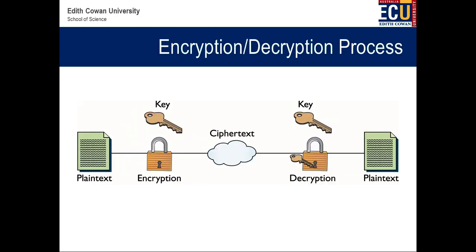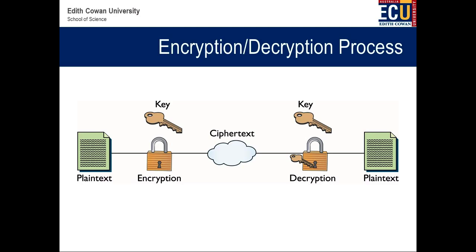This is the more formal representation of the encryption and decryption process. We have a plain text, then we perform some encryption, and when I use the word encryption, it means we have implemented some algorithm with the help of a key. When a plain text is encrypted with the help of a key, it becomes a ciphertext, and that ciphertext can be easily communicated over an insecure medium, which is the internet.